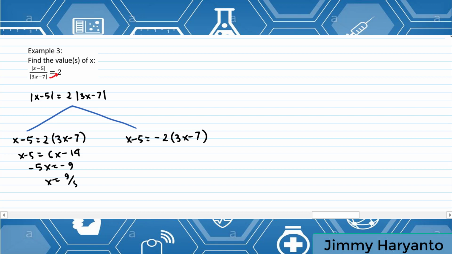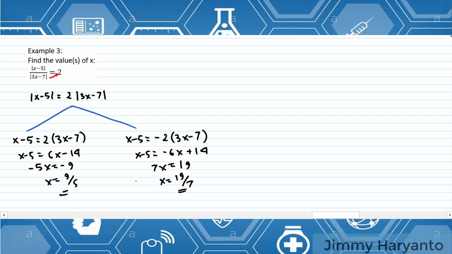So the first solution is 9 over 5. The second solution will be negative 6x plus 14, 7x equals 19, x equals 19 over 7. The second solution.